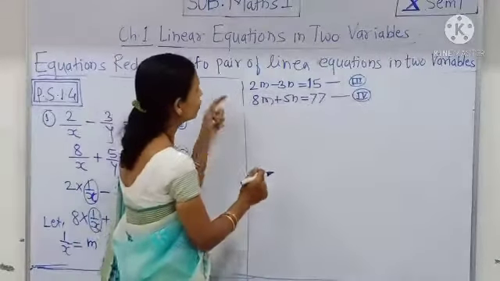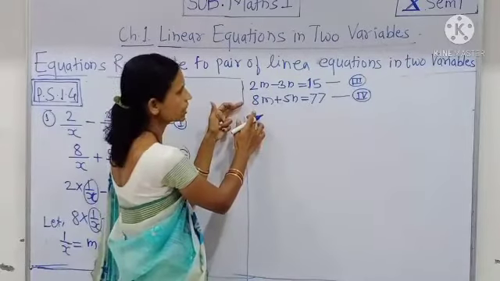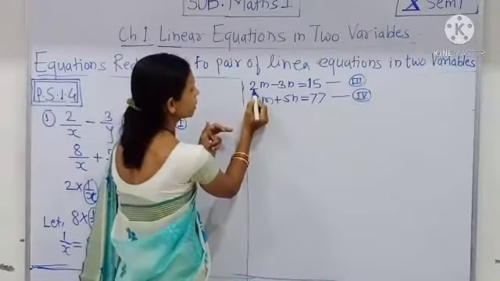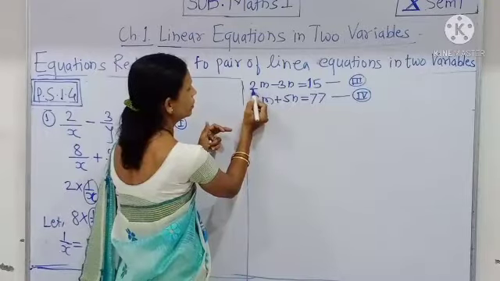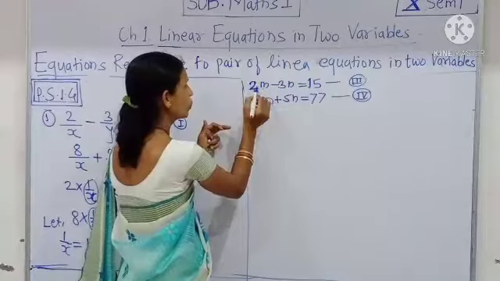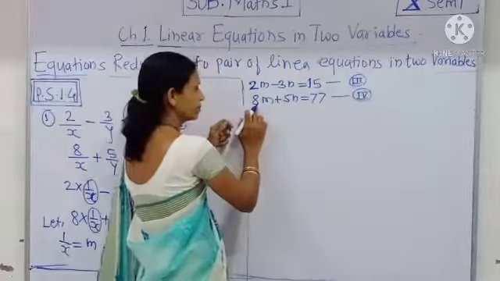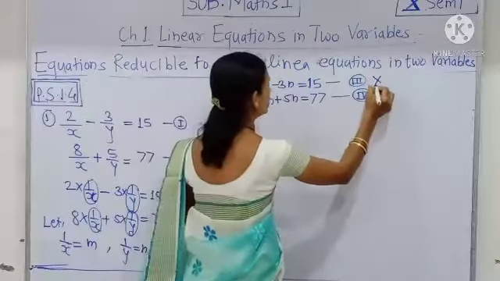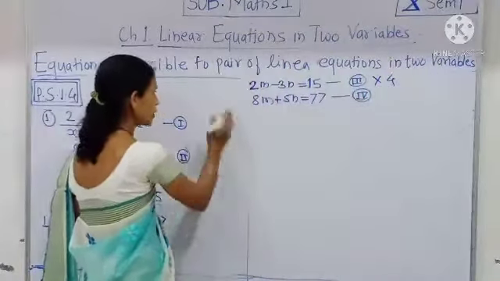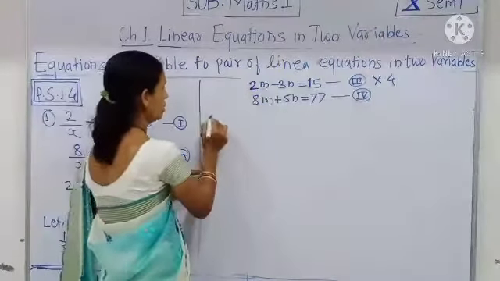Then we have to solve this simultaneous equation by equating coefficients, because here the coefficient of m in the third equation is 2 and in the fourth equation is 8. If we multiply equation 3 by 4, then the coefficients of m become equal.